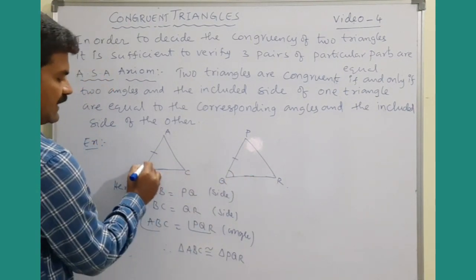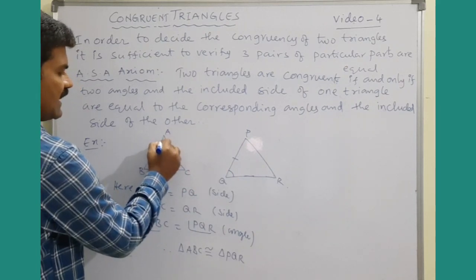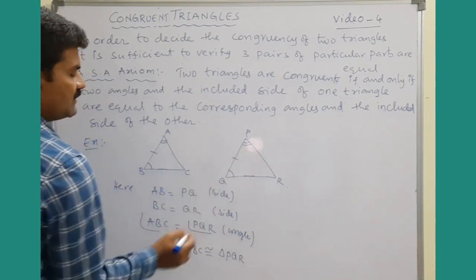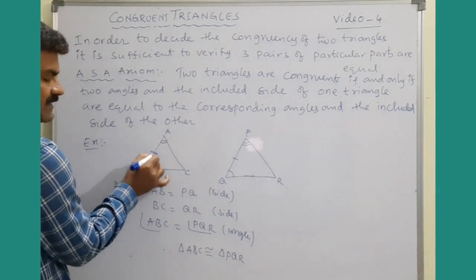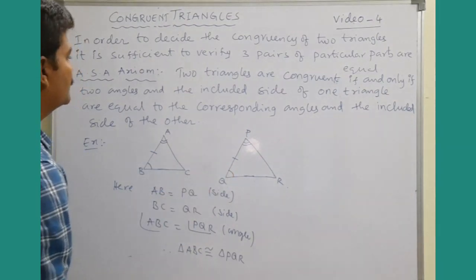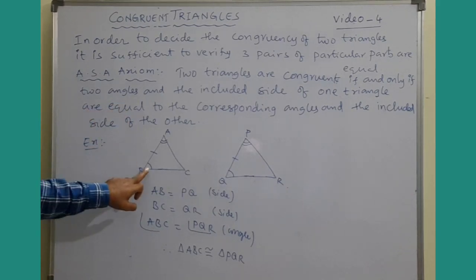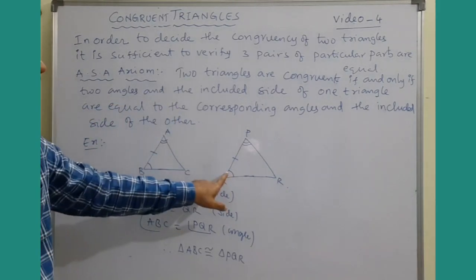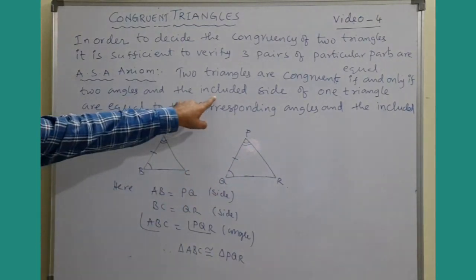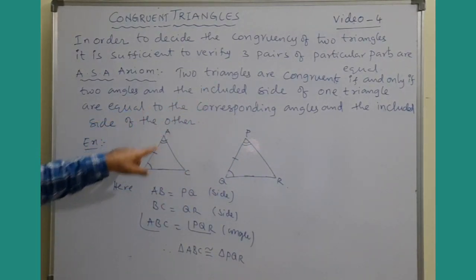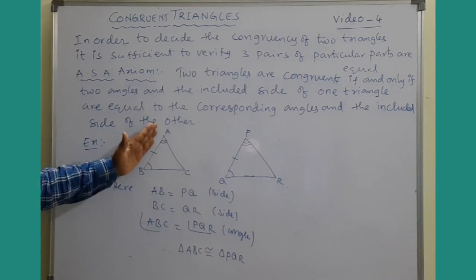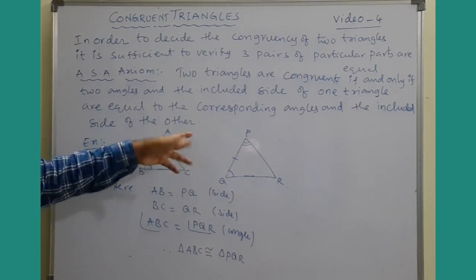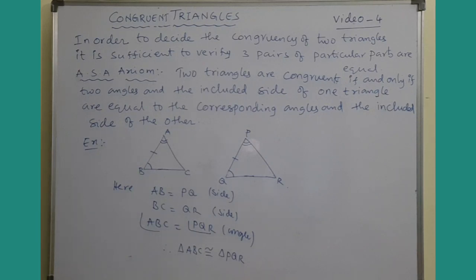Angle B equals angle Q, angle A equals angle P, and the included side is AB, which equals PQ. So two angles, angle B and angle A, are equal to the corresponding angles, and these two angles are included in the side AB, equal to the included side of the other triangle. Then the two triangles can be treated as congruent.